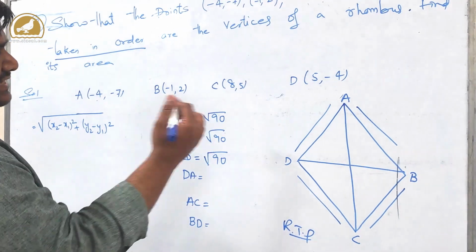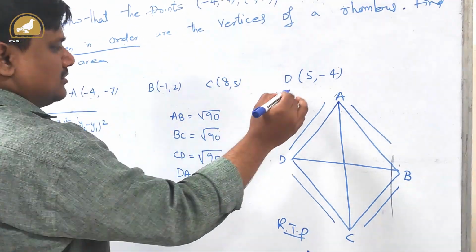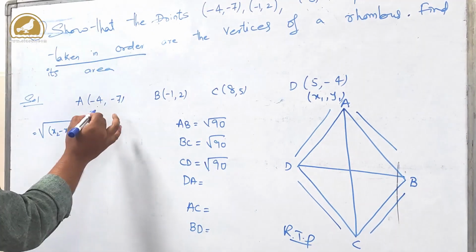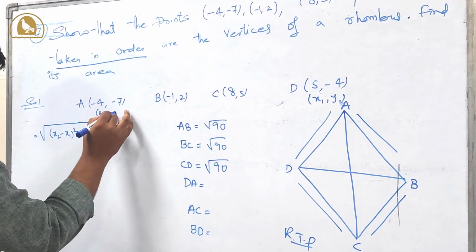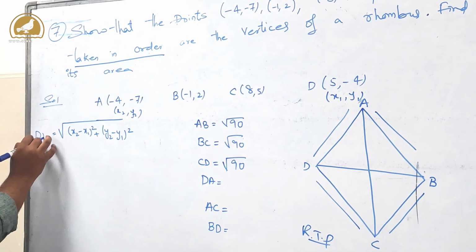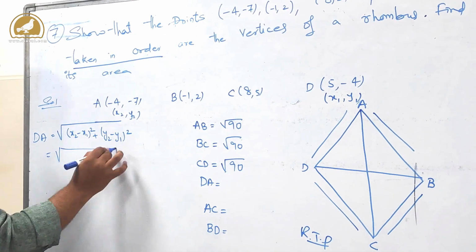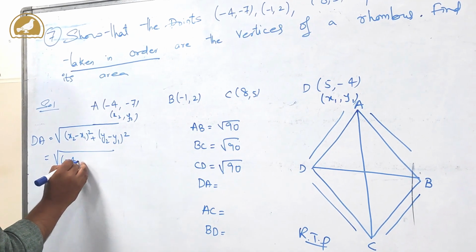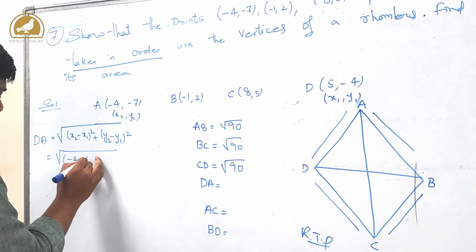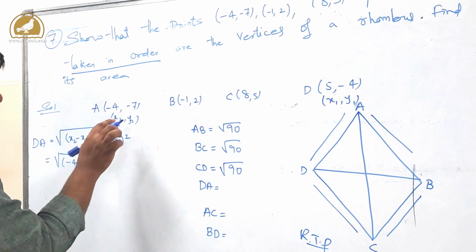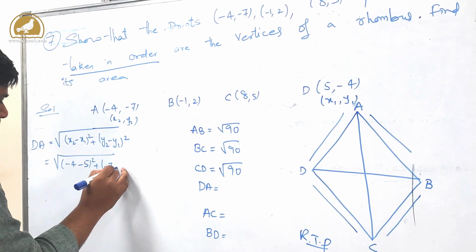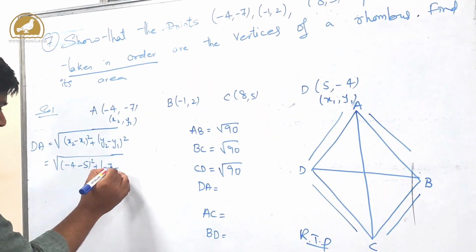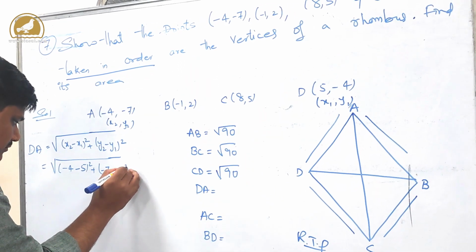Now we'll calculate the distance between D and A. D will become x1, y1 and A will become x2, y2. For DA, x2 is -4, minus x1 which is 5. y2 is -7, minus y1 which is -4, so minus into minus plus 4.